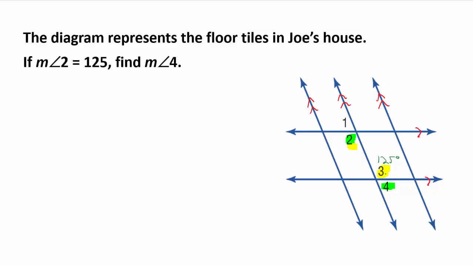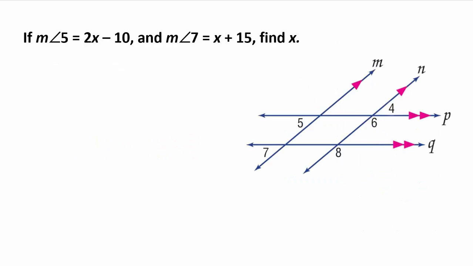That, as we can see, is a linear pair. 125 is going to be supplementary to this angle 4. So if this is 125, then angle 4, you subtract from 180, the measure of angle 4 will be 55 degrees.